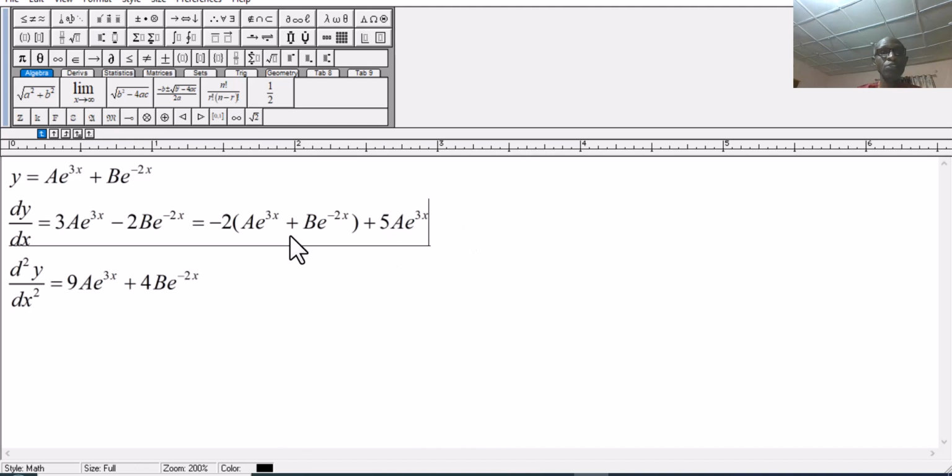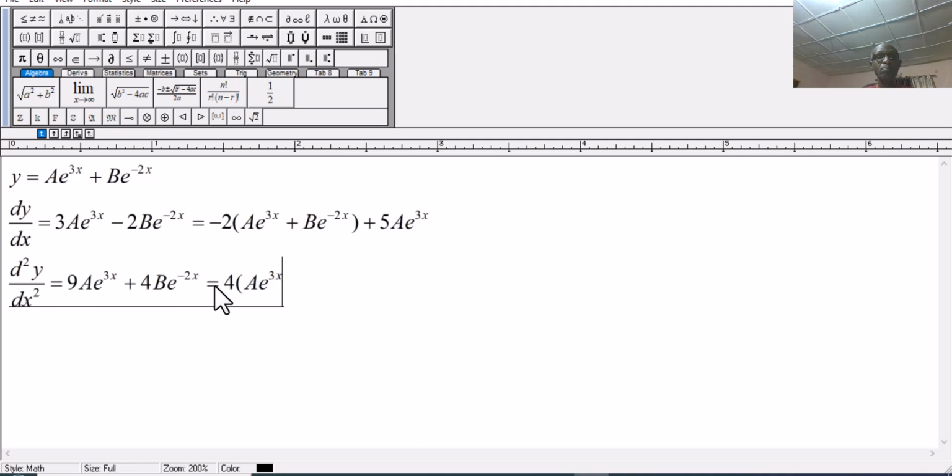When I expand, this will be minus 2a e raised to 3x plus 5a, so you get this one back, and minus 2 keeps the second term intact. For the second one, let's also have 4 in brackets: 4 times (a e raised to 3x plus b e raised to minus 2x).